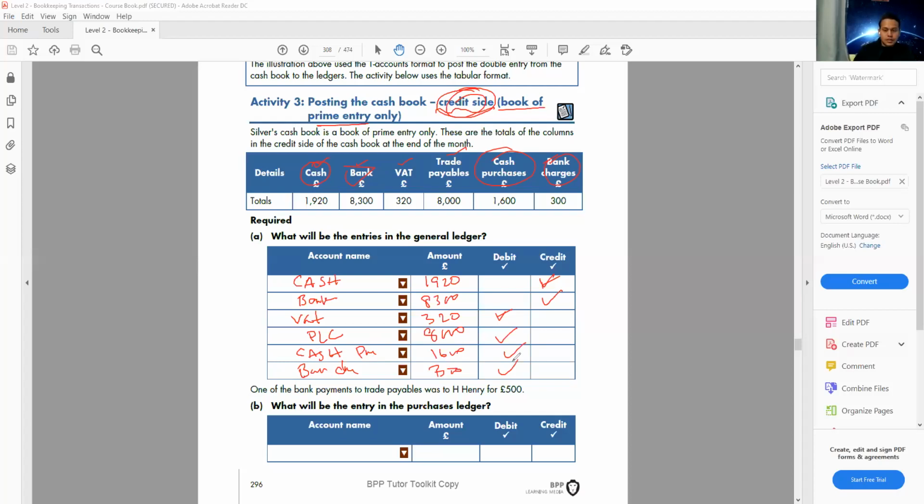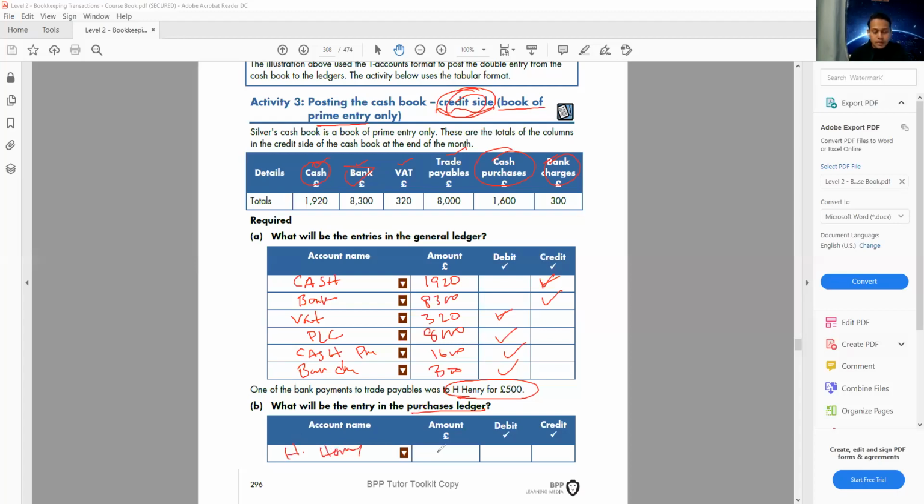All right. So the next one we said, one of the bank payment to a trade payable was J. Henry for 500. So we have a trade payable, that is one credit supplier, J. Henry. We paid £500 to him. What will be the entry in the purchase ledger? Purchase ledger means the individual account, so I'm going to write his name, J. Henry.